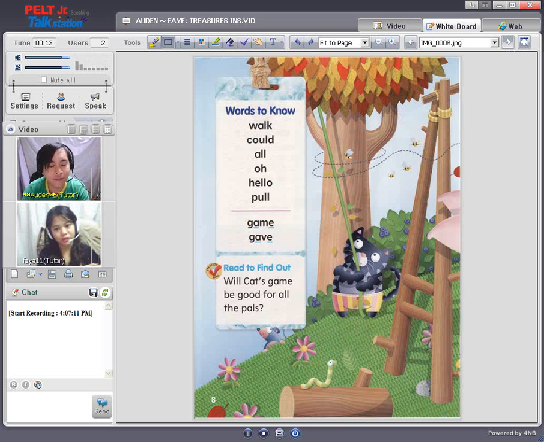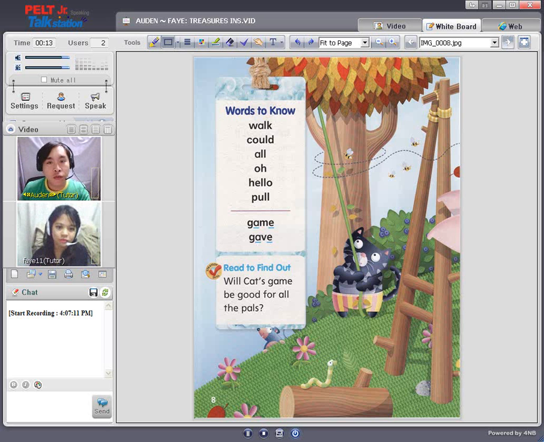First I ask them to read the words, and then I ask them if they know the words. If they know the words, this is simple, so I encourage them to use them in a sentence.